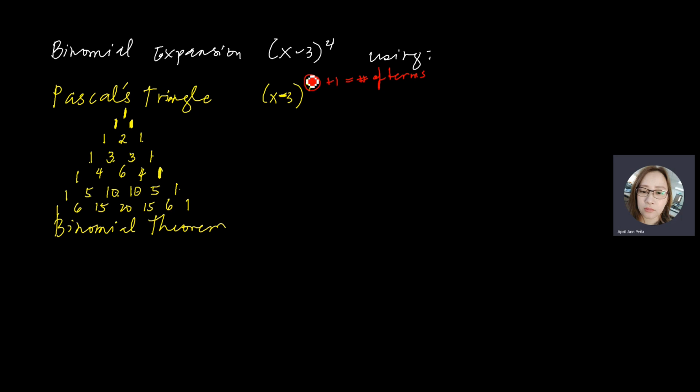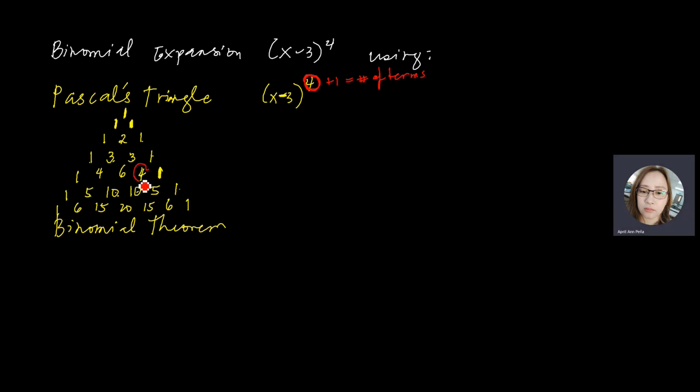And then the purpose also of this exponent, 4, other than adding 1 for the number of terms, is that you can also look for 4 in the Pascal's triangle, in which 4 is the second to the last number in the row.